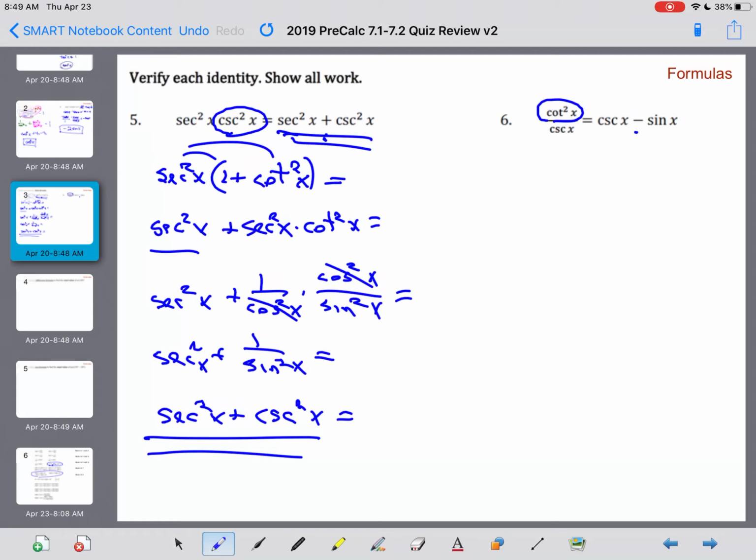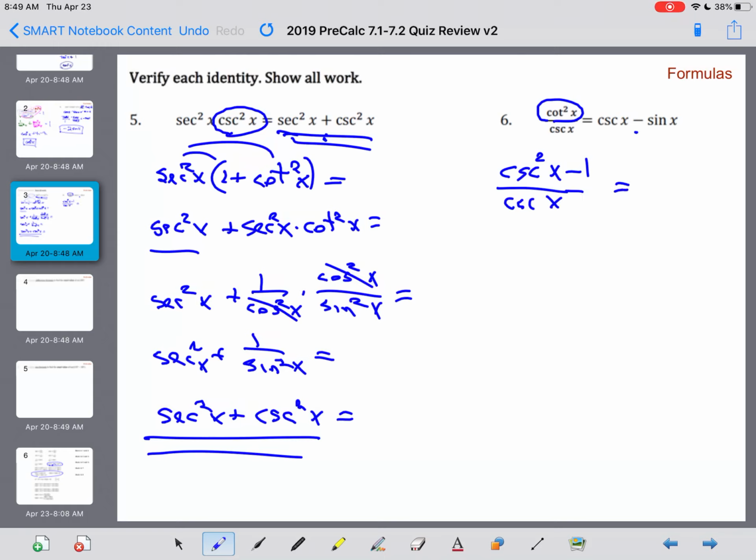And so this is going to be cosecant squared x minus 1 over cosecant, which is a good thing.